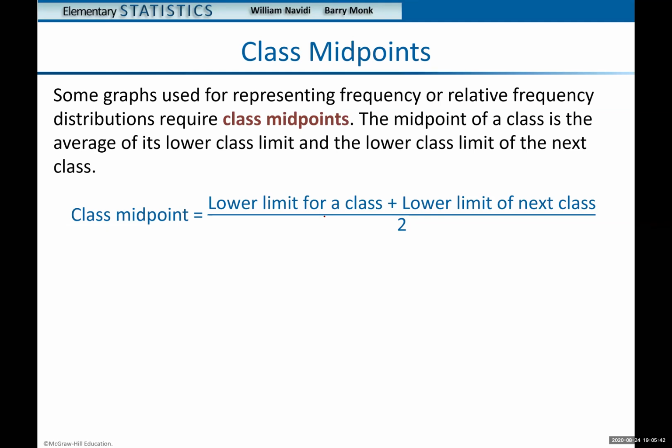Other books, instead of writing class midpoint, use X. So we can use that, or just midpoint. So the lower limit of the class plus the lower limit of the next class divided by 2, the average of those two.